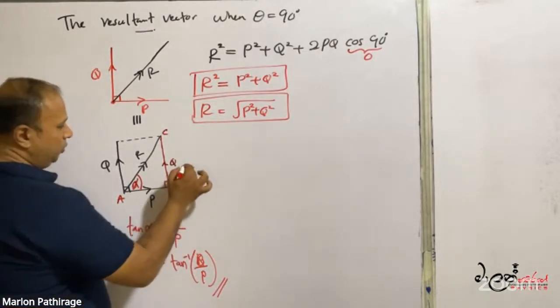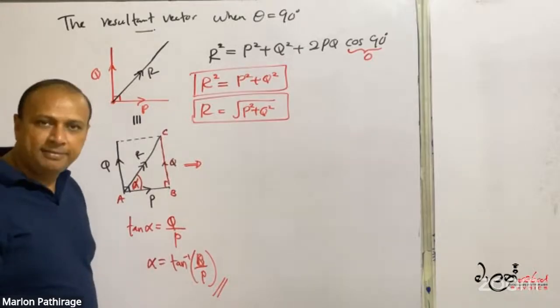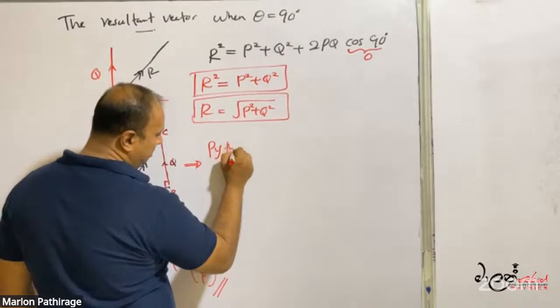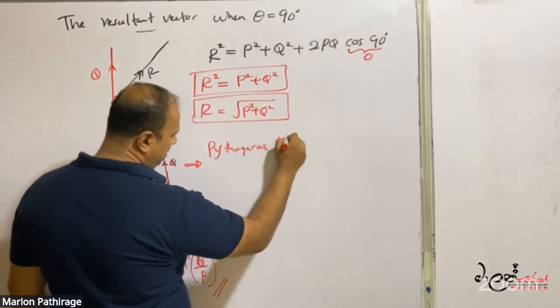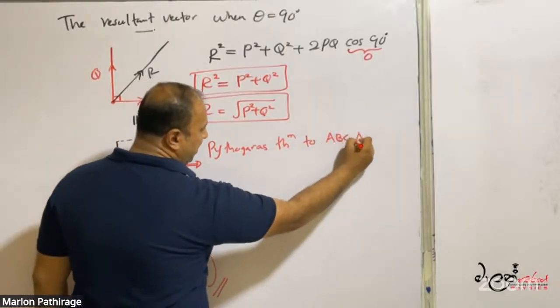And you can take R squared using Pythagoras theorem, applying Pythagoras theorem to the ABC triangle.